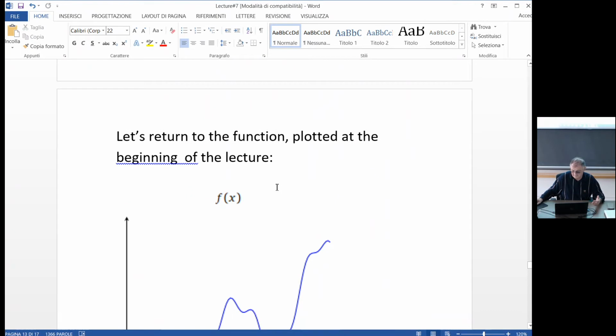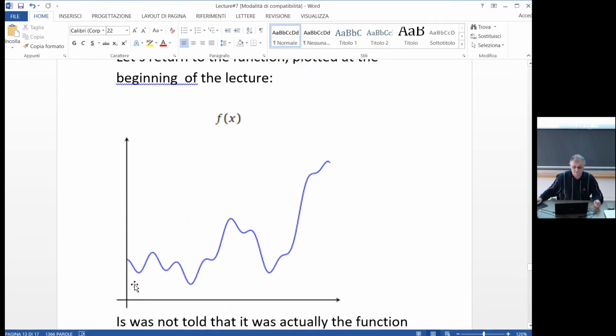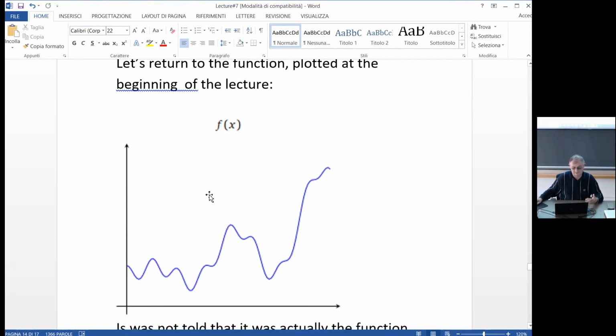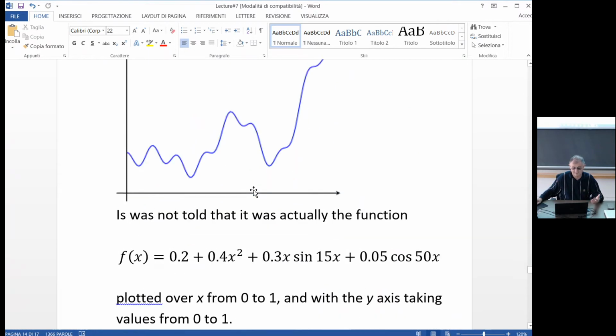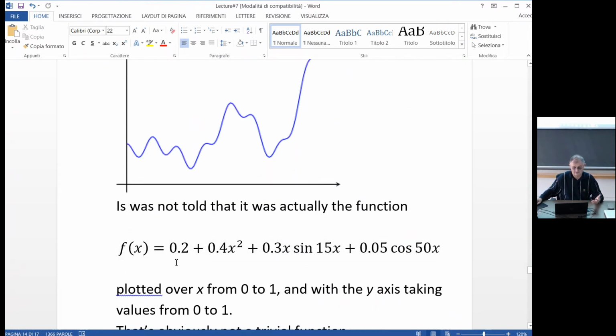Now we return to the function plotted at the beginning of the lecture. So this strange function f of x. It was not told that it is a polynomial trigonometric function with quadratic terms and 2 trigonometric terms.